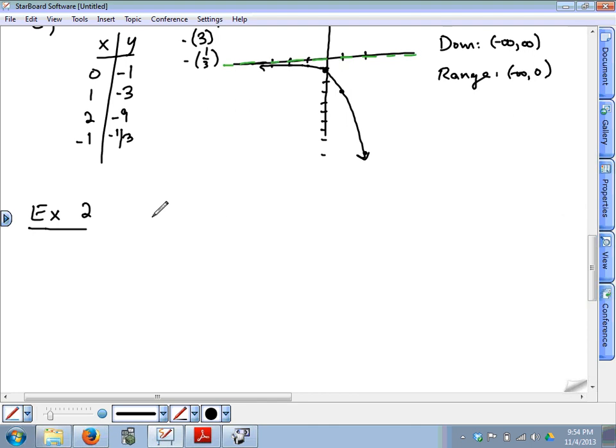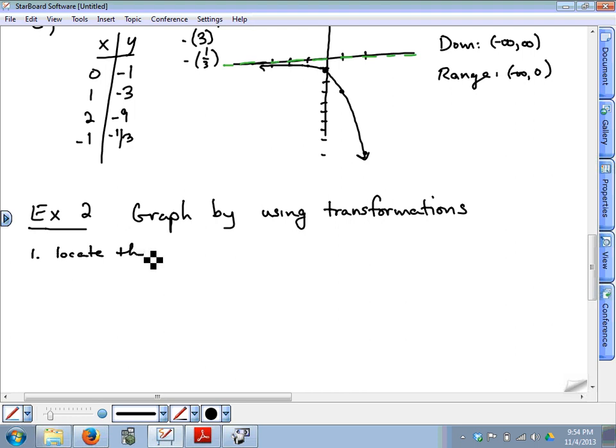So for example 2, we're going to graph not by plotting points, but by using transformations. Graph by using transformations. So what I want you to do for step 1 is locate the horizontal asymptote.